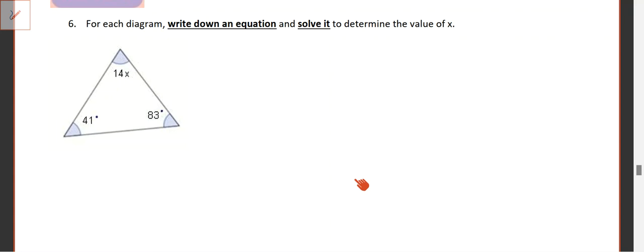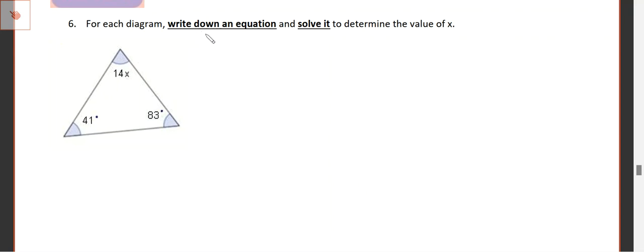Why it would be a times symbol, I don't know, right? It would not fit if there were a times symbol. And how do I know it's not a times symbol? If I read the question, it says, write down an equation and solve it to determine the value of x. Make x. So that makes me think, well, that's an x. And lots of people correctly worked out that this would be 56. But there was one step left.